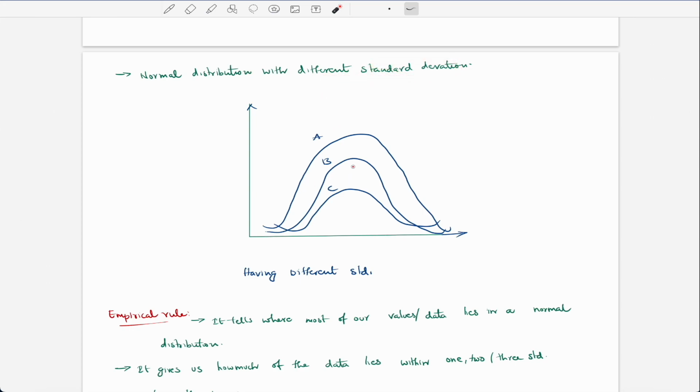It looks like this. Please ignore these lines, I'm so bad at drawing, I have to learn this. These are standard deviation 1, standard deviation 2. I hope you remember those lectures, right? These are 1 standard deviation, 2 standard deviations, etc.